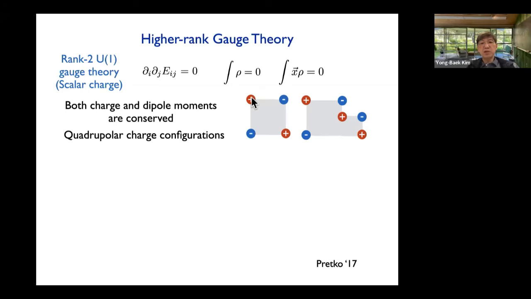If you start from a configuration like this, in order to conserve both total charge and dipole moment, you have to move your charges in such a way that both quantities are conserved. For example, I can create some plus minus charges, but I can only do so by conserving both total charge and dipole moment. So in that sense, the motion of charges is restricted.